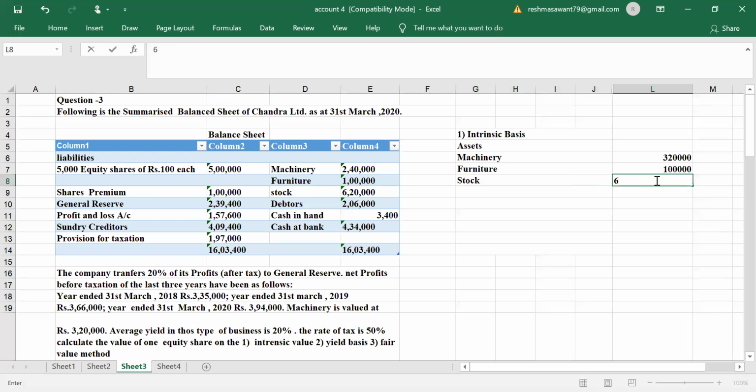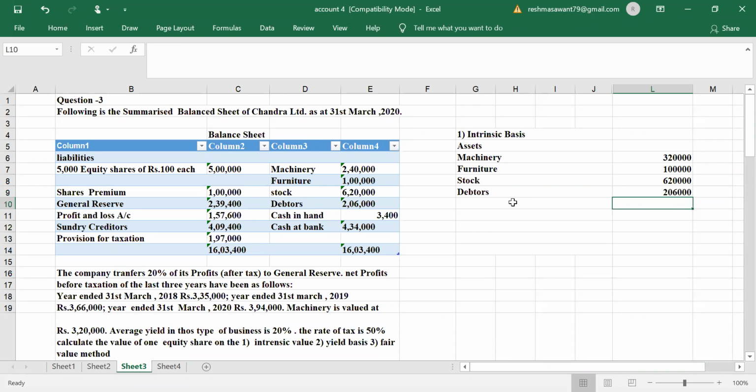Next heading, debtors, amounted to rupees 2,06,000.